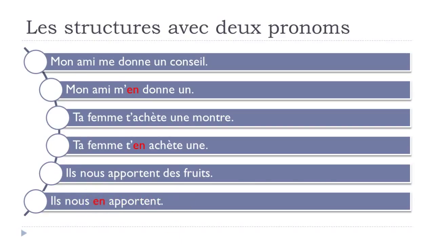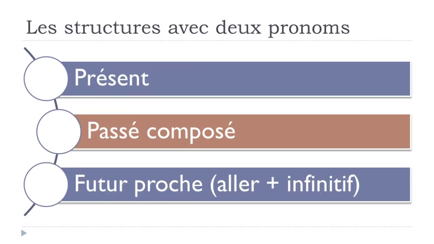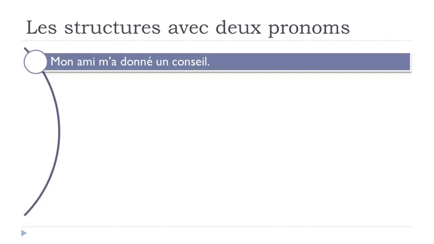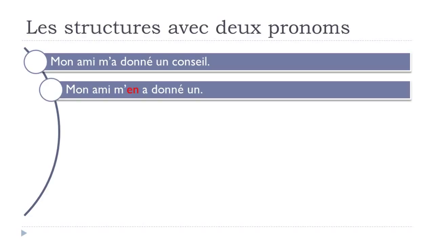Okay, so let's see now with the passé composé. So same sentence. Mon ami m'a donné un conseil. All right. Mon ami m'en a donné un. So it will be exactly the same thing, especially if you think that a donné, the thing that you see here, okay, it's only one verb.